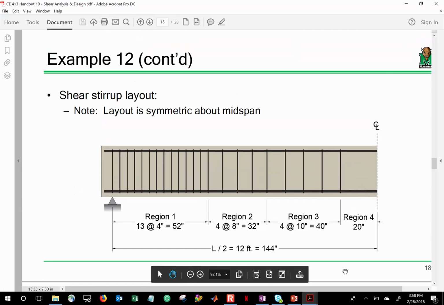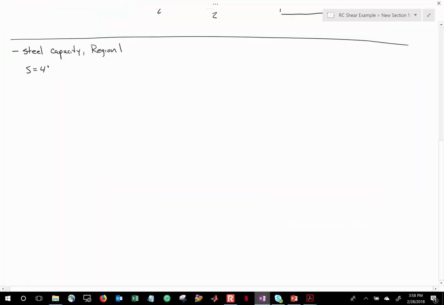This is the shear stirrup layout. We're looking at region 1 right here, and S is 4 inches. So because of that, we can start off by computing our nominal capacity in shear, which is just AV times FYT times D over S.